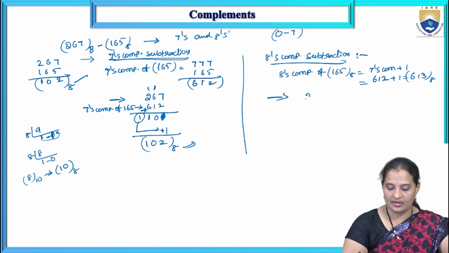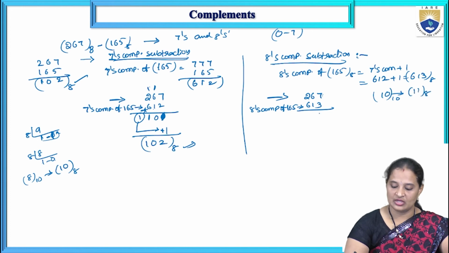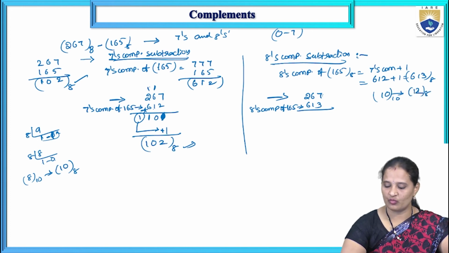Now get the number 267 and the 8's complement of 165, which is 613. So now add this. 10 in octal can be represented as 1 2.